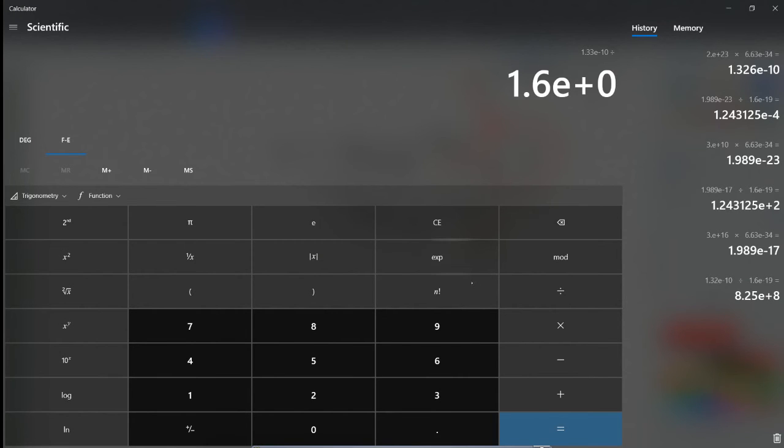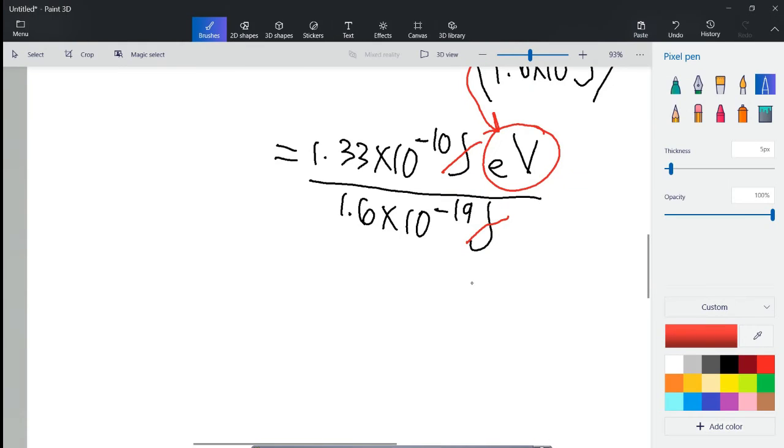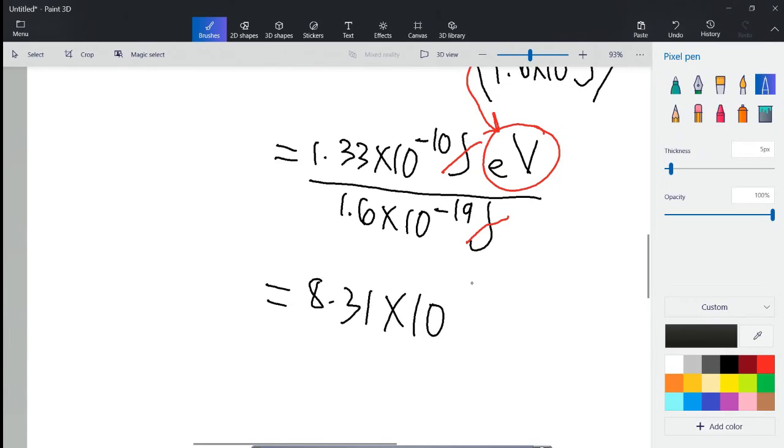So now let's first divide 1.33 times 10 to the negative 10 by 1.6 times 10 to the negative 19.